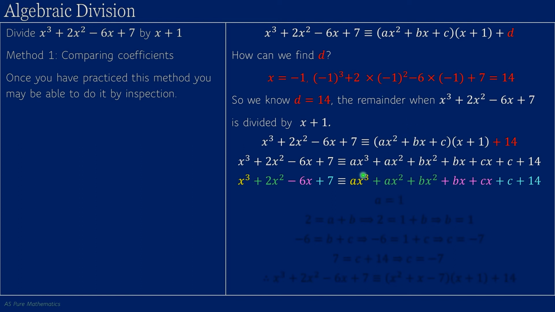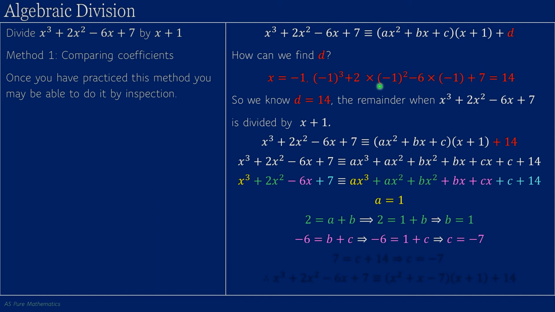But working it out in full, comparing the coefficients, for x cubed we get A is equal to 1 again. And then when I look at the quadratic, I've got A plus B needs to equal 2. Substituting in A equals 1 and solving leads to B is equal to 1. Looking at the x term, on the left hand side I've got -6, on the right hand side I've got B plus C, but B is equal to 1, so I substitute that in and it filters through to give me C is equal to -7.